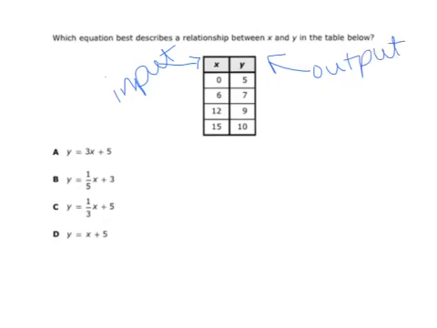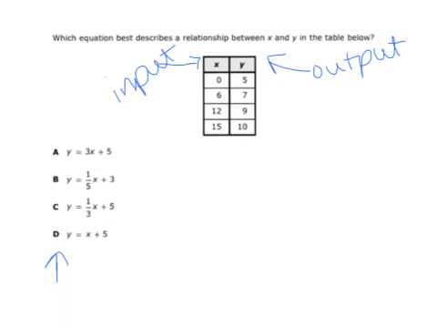And one of these expressions, A, B, C, or D, is going to be telling us what we do to x to get y. Not just what's the next number in the sequence, but why is that the next number in the sequence. And the way we're going to do that is by plugging our x and y values into our multiple choice selections until we find the right one that gives us the correct outputs.